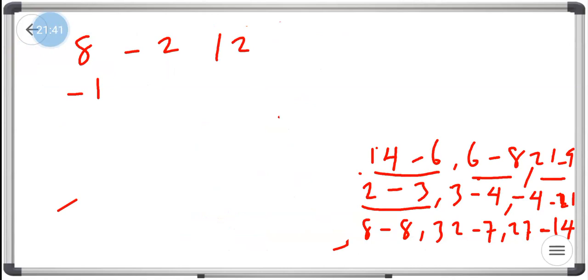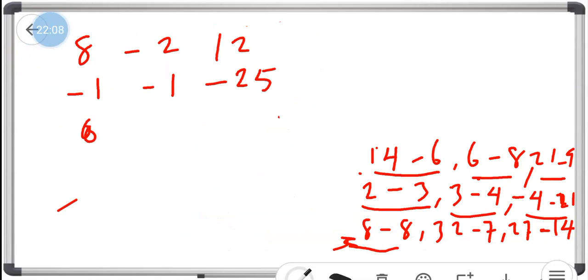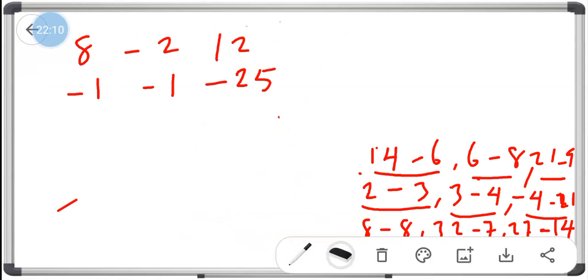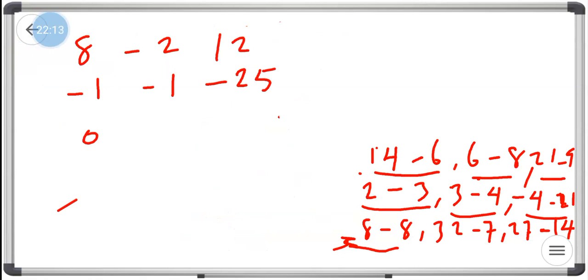Here as well, 3 minus 4, that will give us minus 1 as well. And here, minus 4 minus 21, that will give us minus 25. And here, 8 minus 8 will give us 0.